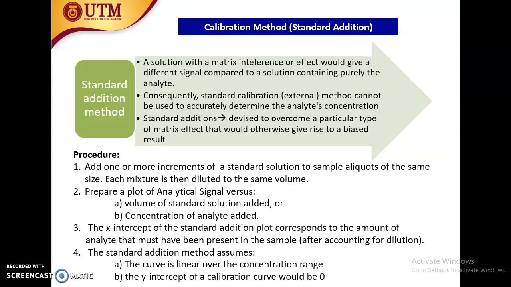As comparison with external calibration method, as I said just now, external calibration method is only applicable if you have 100% clean sample. But if you cannot do any sample preparation to get that kind of cleanliness, you can opt for standard addition, whereby this method takes into account how much the matrix gives signal as well.